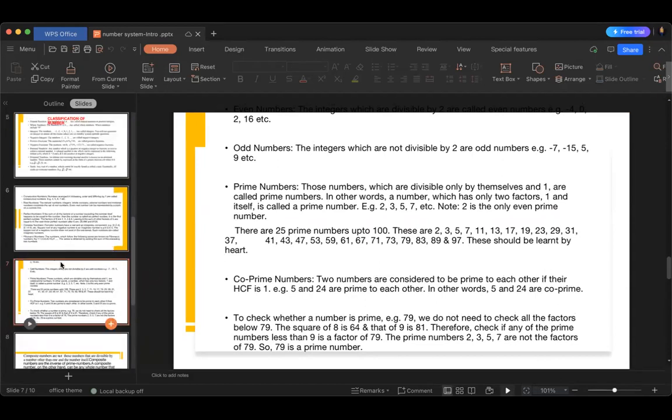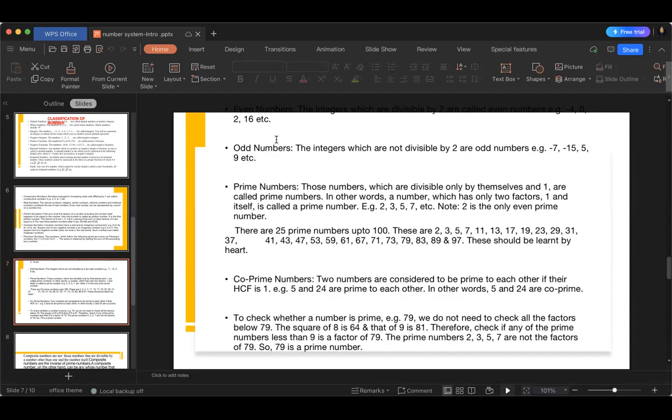So I have given odd numbers, even numbers, prime numbers like that. Let us take even numbers. The integers which are divisible by 2 are known as even numbers. Examples: 2, 16, 4, 8, etc. These are even numbers.